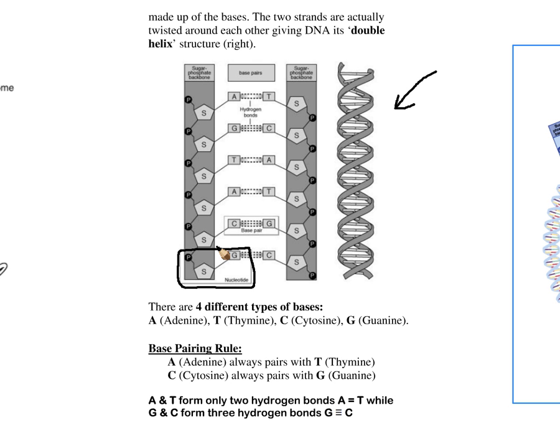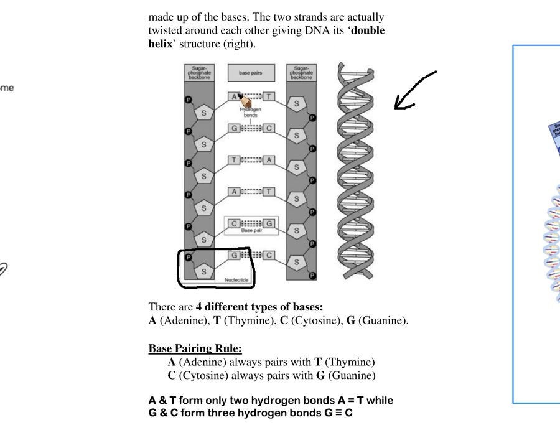So think of it in that order. DNA is made up of nucleotides, these units, and a nucleotide is made up of a sugar, a phosphate, and a base. For those of you who do a bit of chemistry, the lines here all represent covalent bonds. So there are very strong covalent bonds holding the backbone together. However, in between the two strands, we have weak hydrogen bonds.